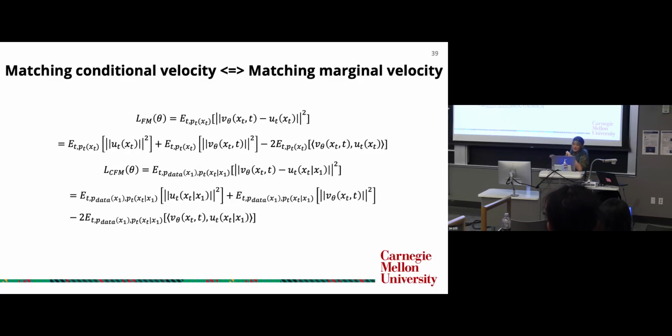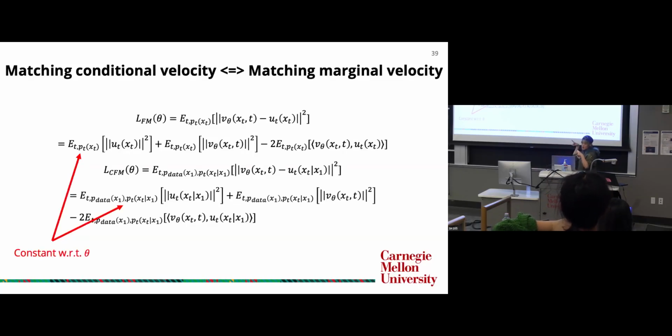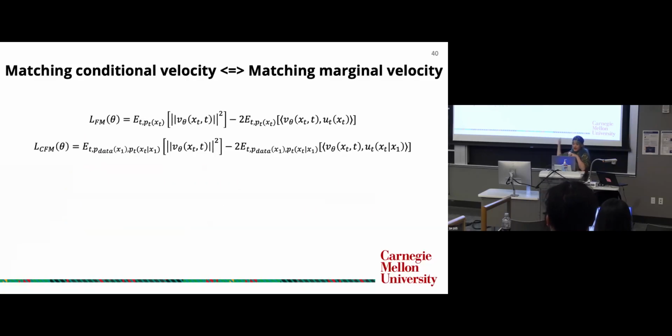Okay, why is that? The reason is because we can break the L2 down into this thing, right? We saw this on Tuesday already. The first term for both equations is constant with respect to our learned parameter, so we're just going to cancel it out. Then we get two equations, each with two components, so we look at the first components together first.